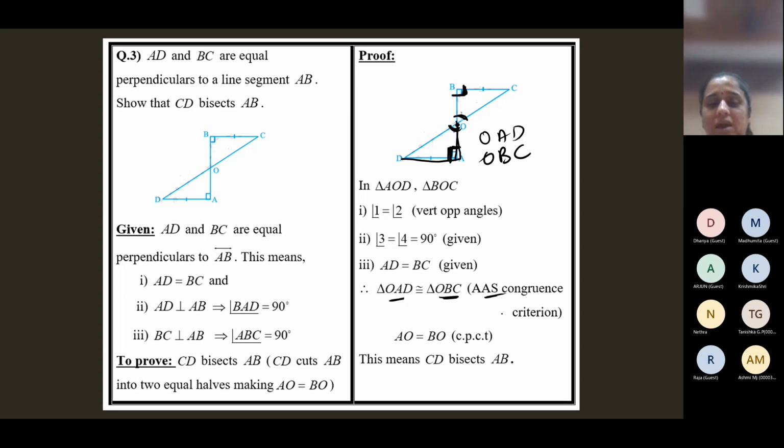AAS rule. And once you name it correctly, you can see OA is equal to OB, by CPCT, or AO is equal to BO. So if AO is equal to BO, that means CD bisects AB.